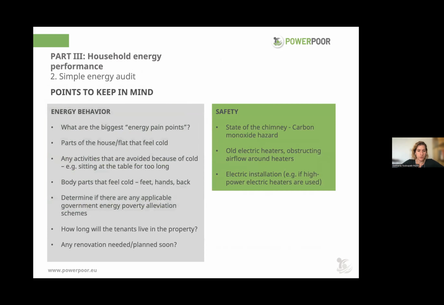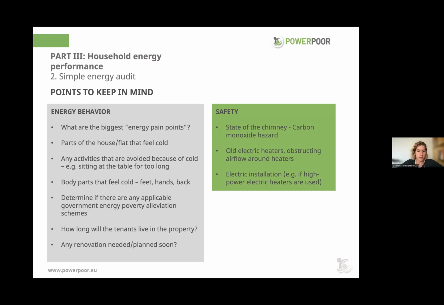Regarding the energy behaviors, ask the tenants what are the biggest energy pain points, because they know better, of course. If there are parts of the house that feel cold to them, and they may avoid activities because of the cold. And in southern countries, of course, this may happen also because of the heat during the summer.